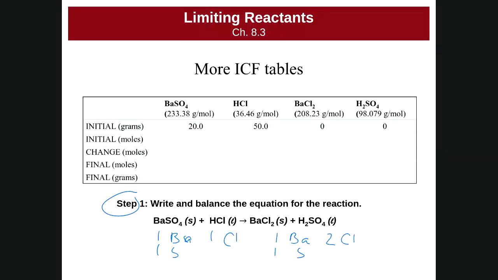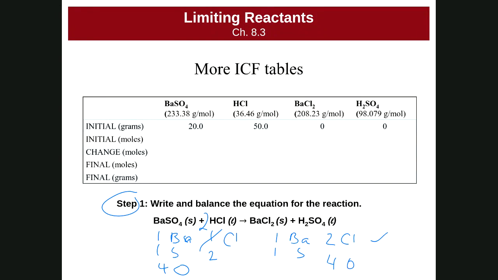So if we have 2 hydrochloric acids instead, now we'll have 2 chlorines on the left and 2 chlorines on the right. Okay, let's check our other atoms. So we have 4 oxygens from our sulfate ion on the left and 4 oxygens from our sulfate ion on the right, so that's good.